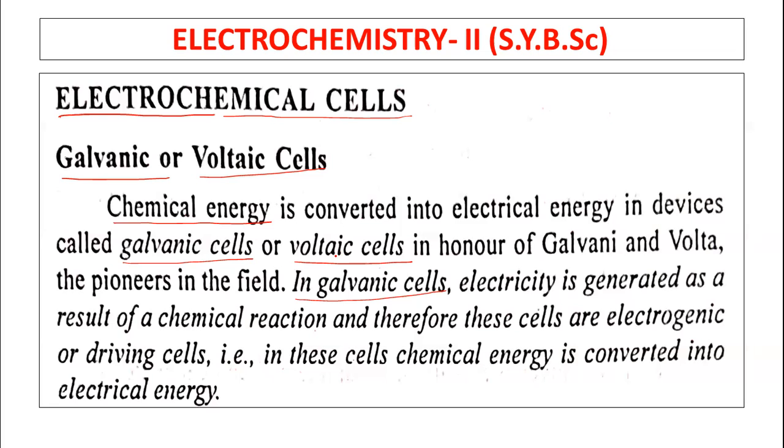Therefore, in a galvanic cell, electricity is generated as a result of chemical reaction, and these cells are electrogenic or driving cells, that is, chemical energy is converted into electrical energy.